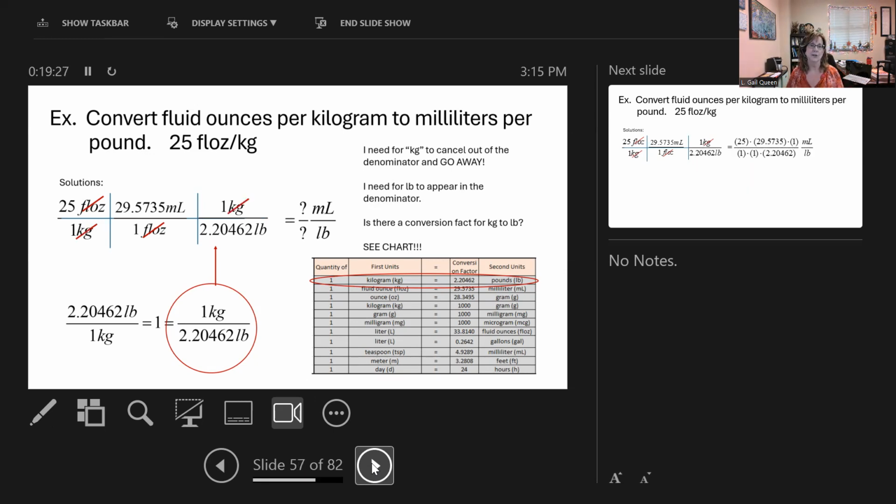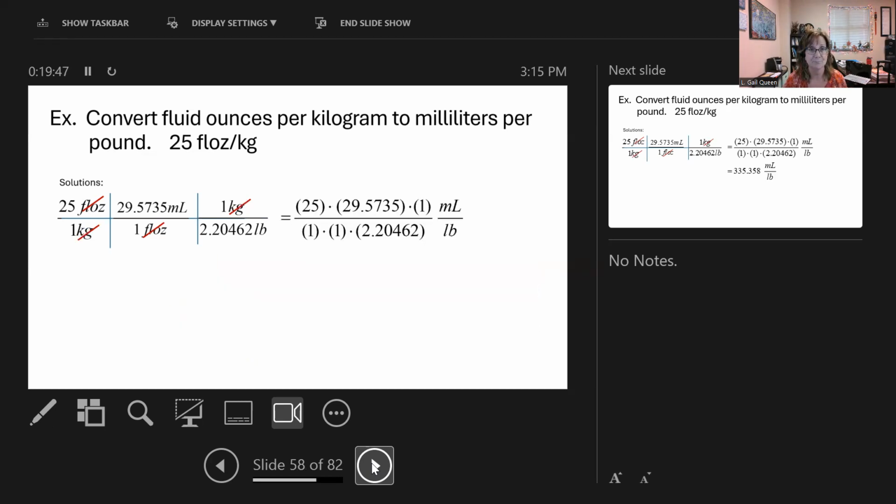And now if you look, if I multiply straight across the top, what are the only units left in the top? Milliliters. You multiply straight across the bottom, and what are the only units left in the bottom? Pounds. So my answer here will now be in milliliters per pound. I just have to figure out the numeric part of it. So here's what it's going to look like.